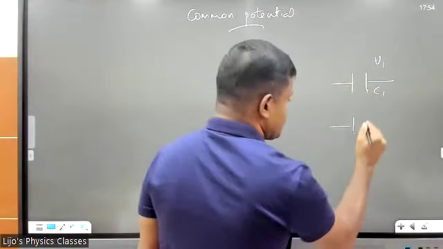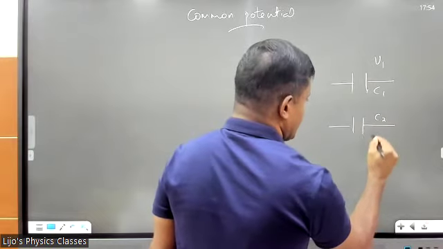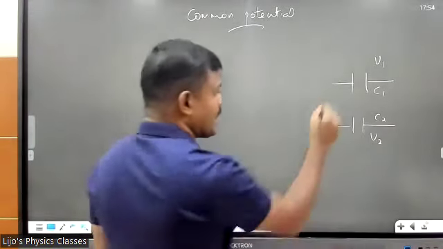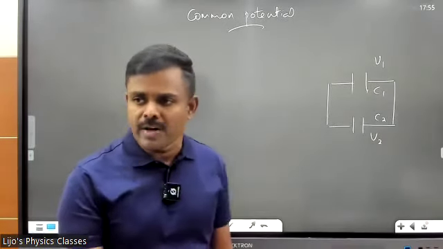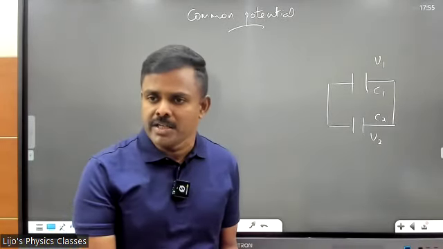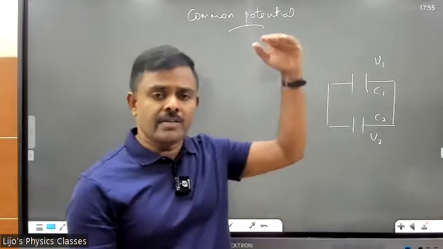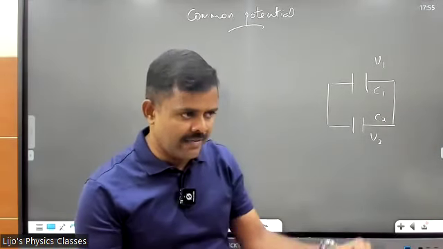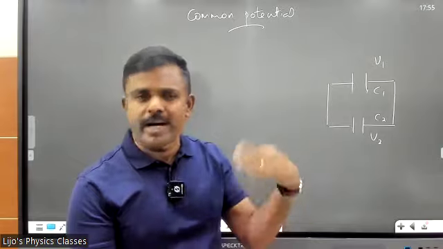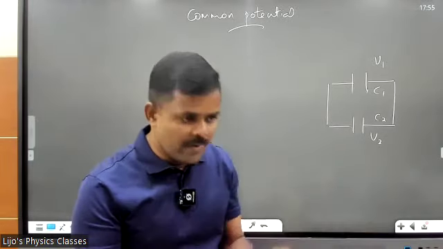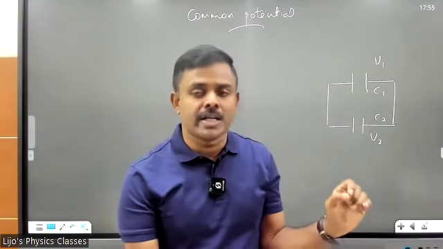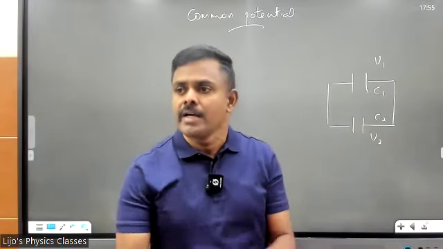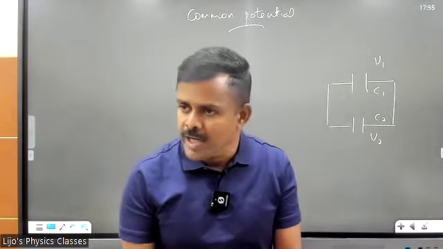Another capacitor C2 is charged to potential V2. I connect them in parallel like this. What will happen? Charge flows from higher potential to lower potential till both have a common potential.